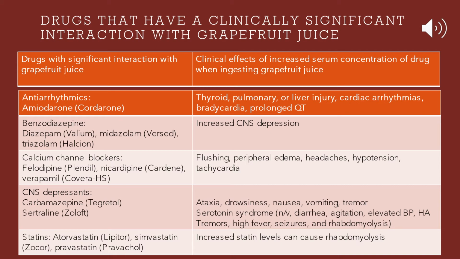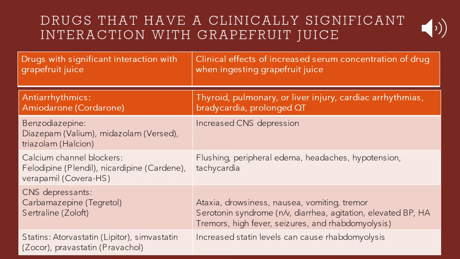Here are calcium channel blockers: verapamil, felodipine, and nicardipine. You'll see flushing, peripheral edema, headaches, hypotension, tachycardia, and then the CNS depressant drugs, Tegretol and Zoloft.